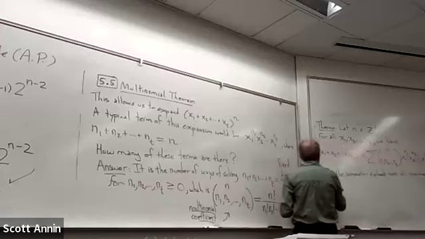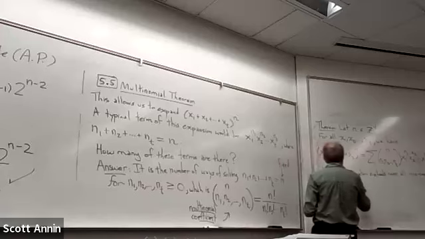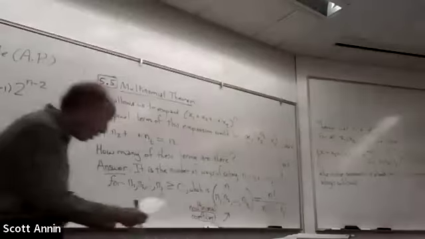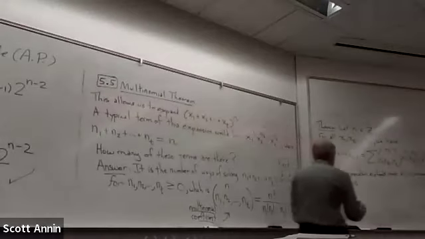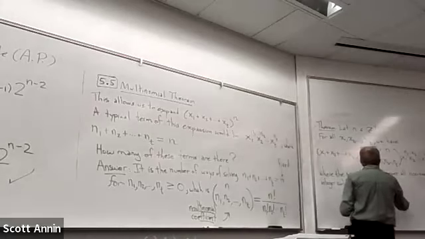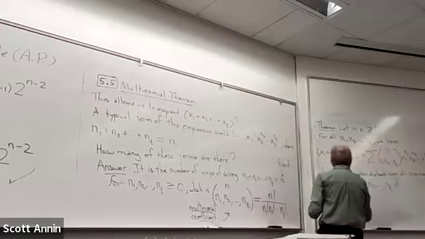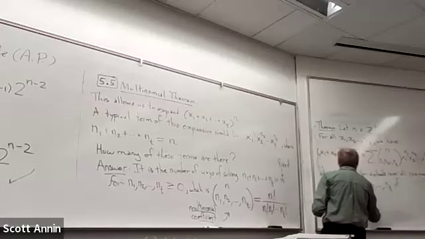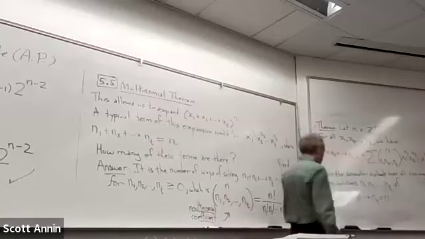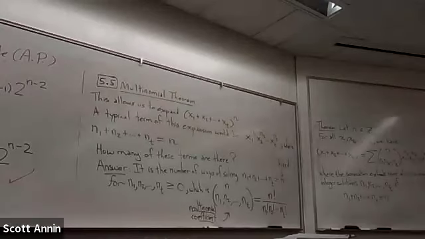The summation extends over all non-negative integer solutions n1, n2, and so on up to nt of this equation, n1 plus n2 plus dot dot dot plus n sub t equals n. That's it. That's the whole ball of wax.